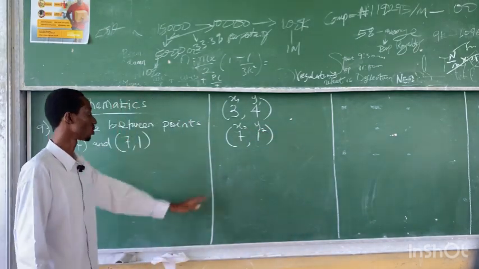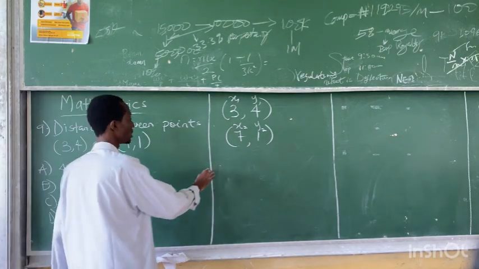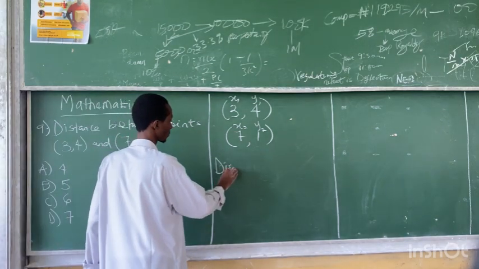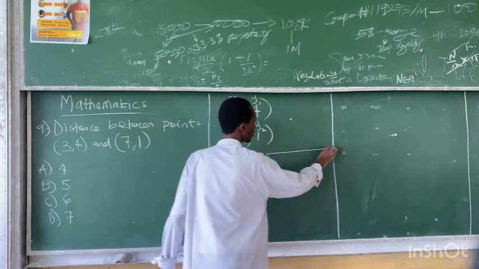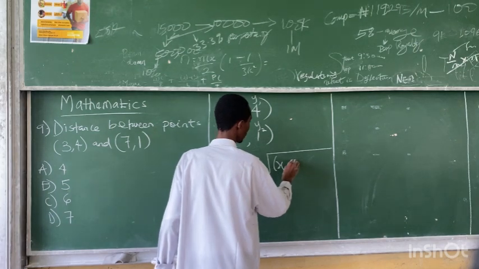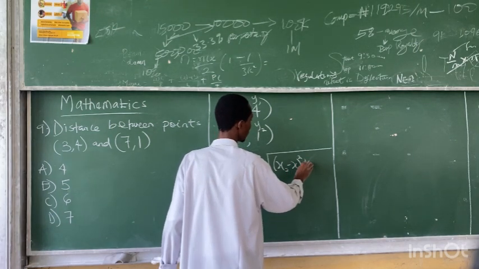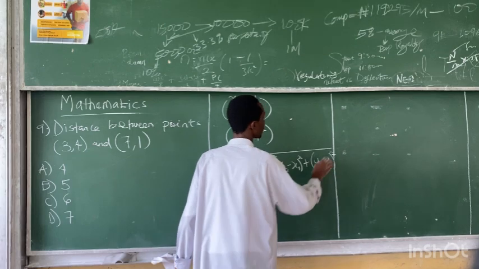Now we're going to use the formula for distance. We have that distance is given by this formula. Square root of x2 minus x1 all squared plus y2 minus y1 all squared.